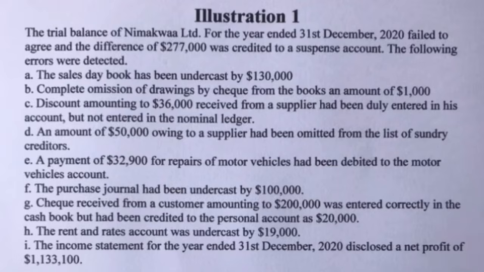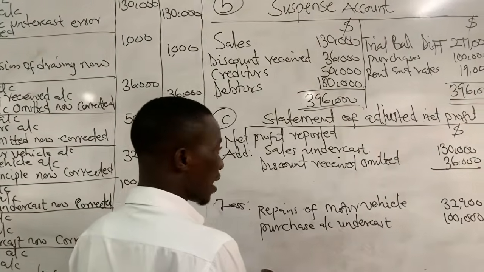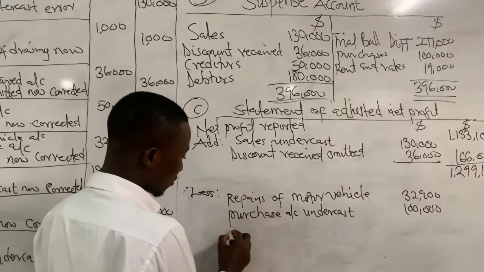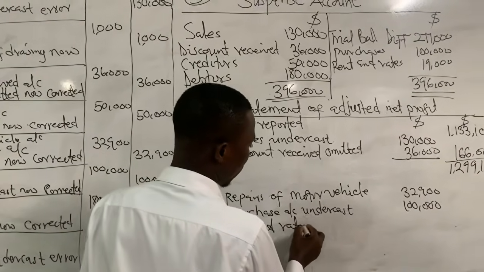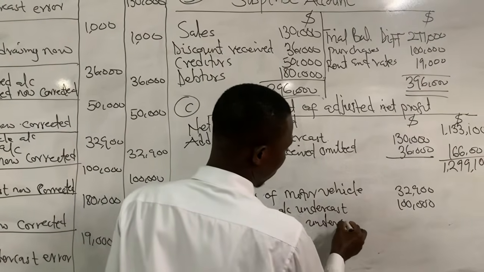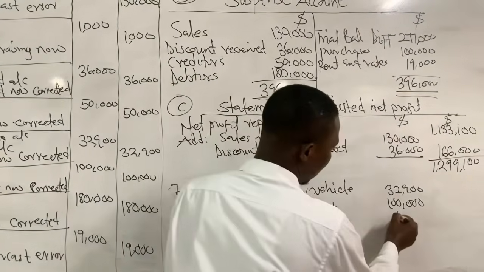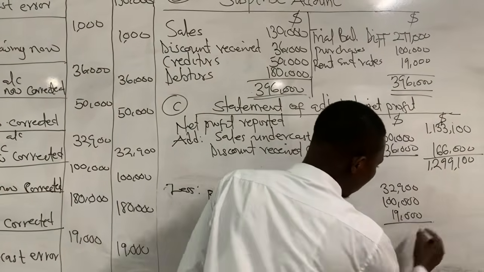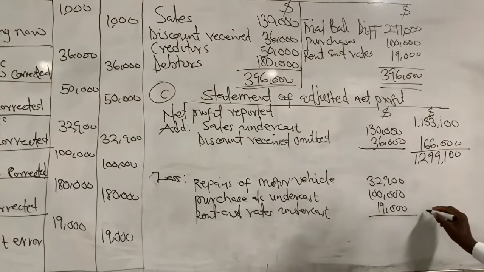We won't actually tackle it because customers go to the other side. So at H, the rent and rates account has been undercast. When you reduce your expenses, you are rather increasing your net profit, so less. So rent and rates undercast, and the amount involved is 19,000.